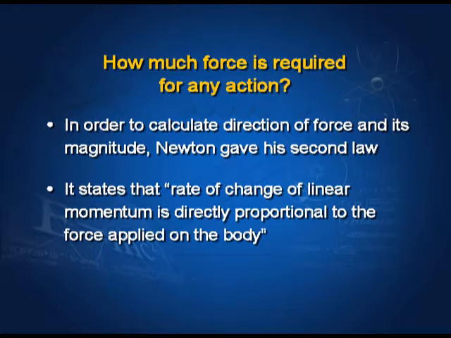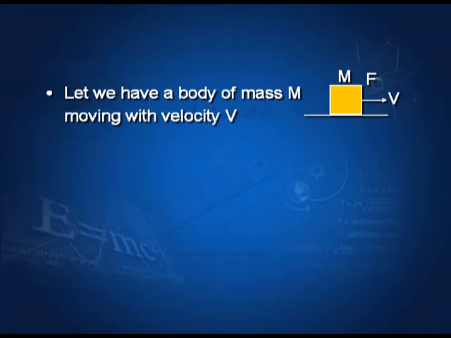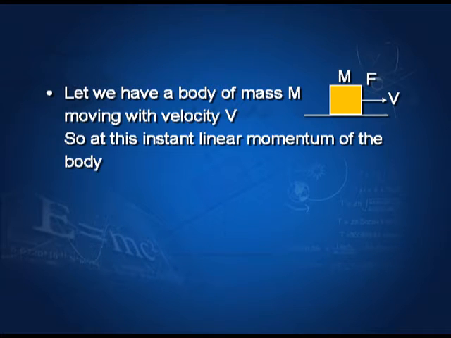It states that the rate of change of linear momentum is directly proportional to the force applied on the body. Let we have a body of mass m moving with velocity v. So, at this instant the linear momentum of the body is mv.